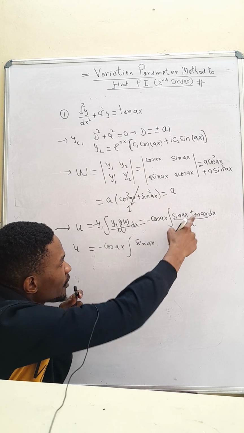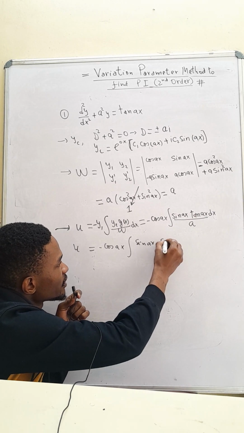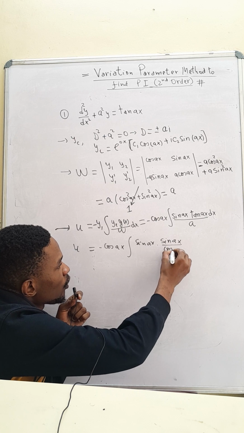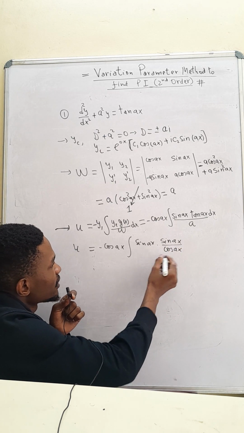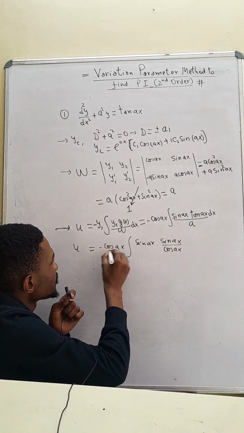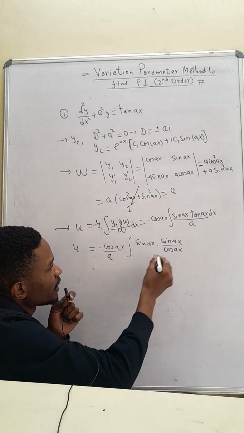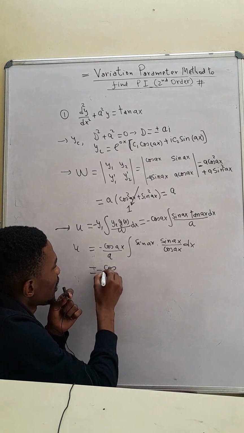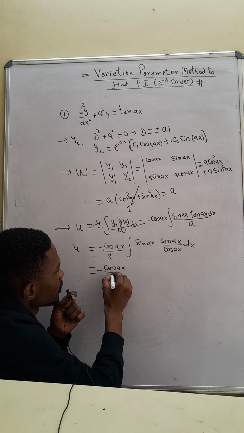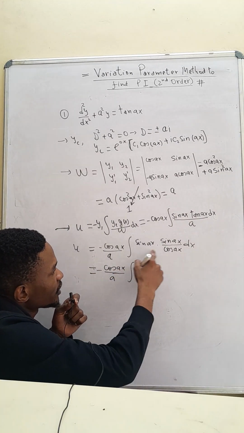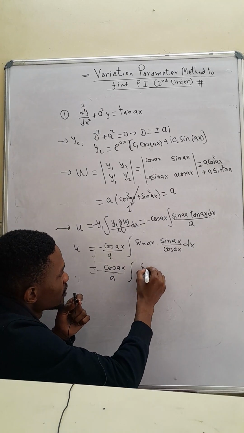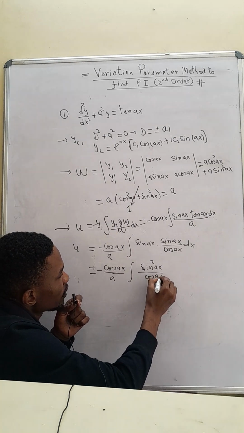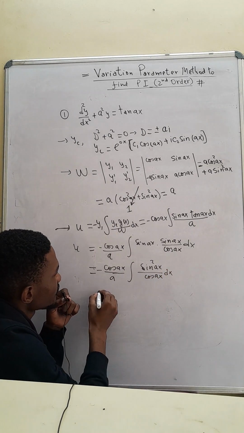ax times, what is this guy? This guy is sin ax all upon cos ax. This a can go out, can be here, that's fine. dx, so you're going to have minus cos ax upon a, integration, this and this will be sin square ax upon cos ax dx.